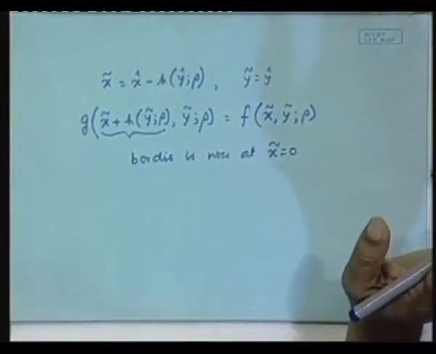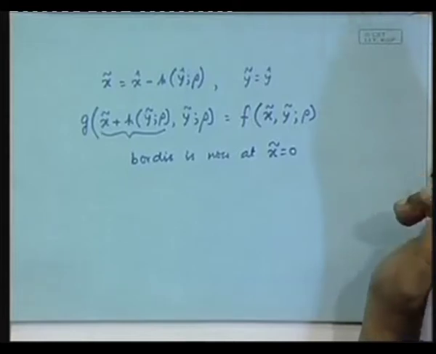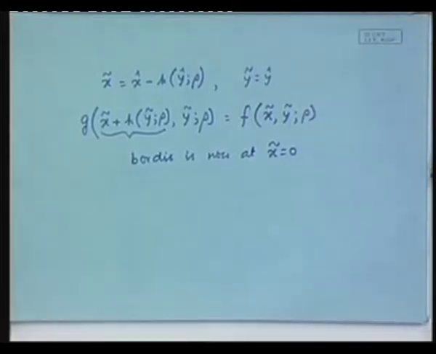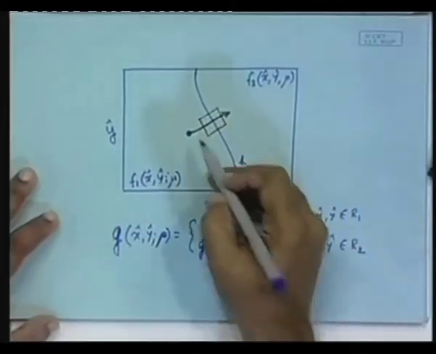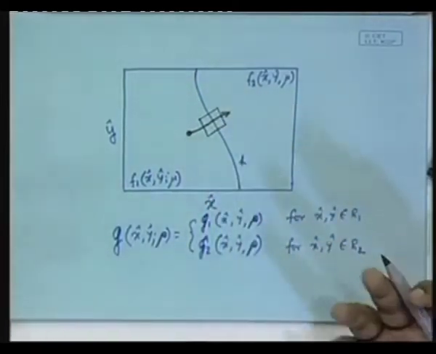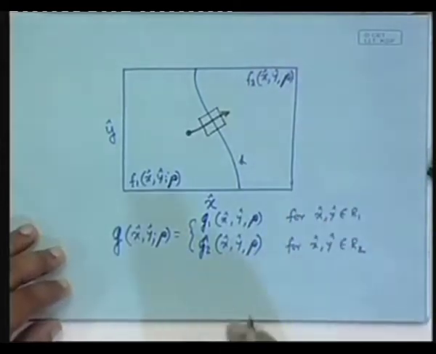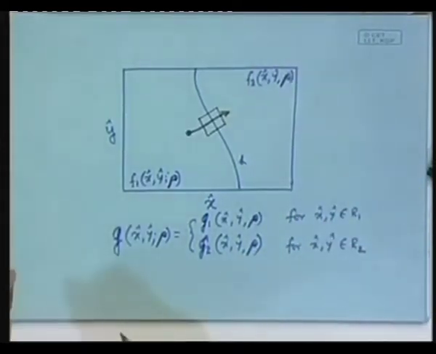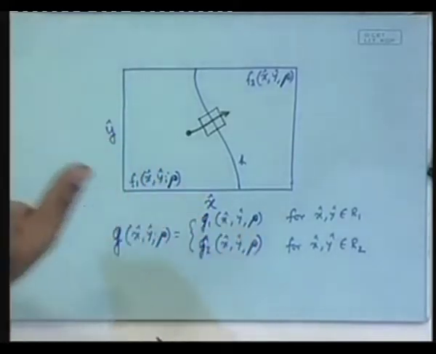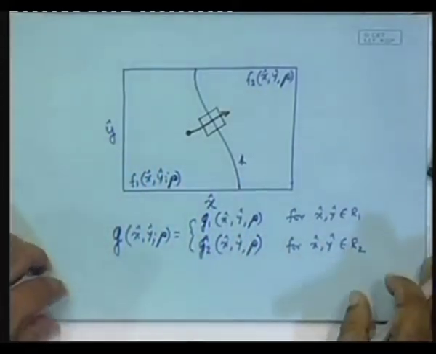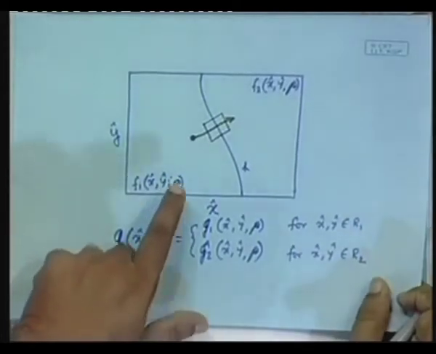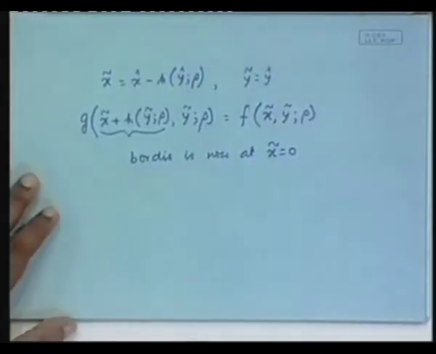Now we need to do something, because now the border collision can occur for any value of rho. Now we would like to normalize that. So there will have to be a coordinate transformation, so that things happen for the parameter value of 0. So that is what we are trying to do now.